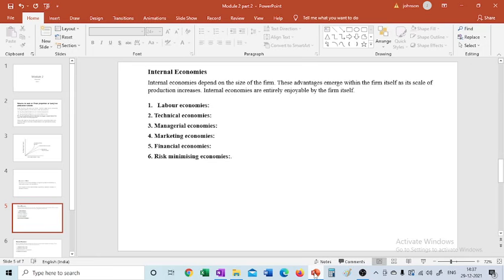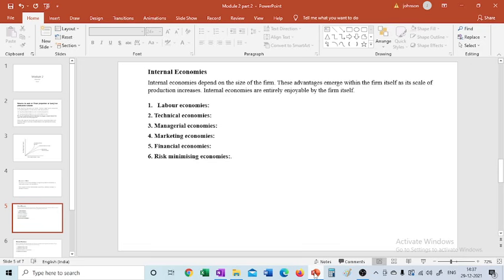So the firm gets certain advantages because of its expansion from within the firm itself. That is called internal economies. Internal economies are entirely enjoyable by the firm itself. Since these advantages emerge within the firm itself, only the firm can enjoy them.